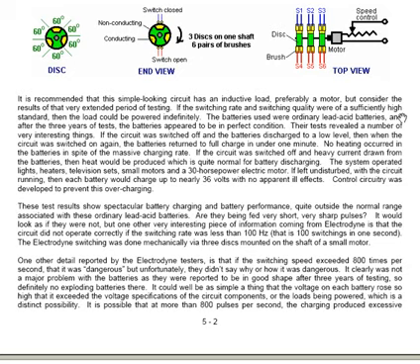One other detail reported by the Electrodyne testers is that if the switching speed exceeded 800 times per second, then that was dangerous. But unfortunately, they didn't say why or how it was dangerous. It clearly was not a major problem with the batteries, as they were reported to be in good shape after 3 years of testing.